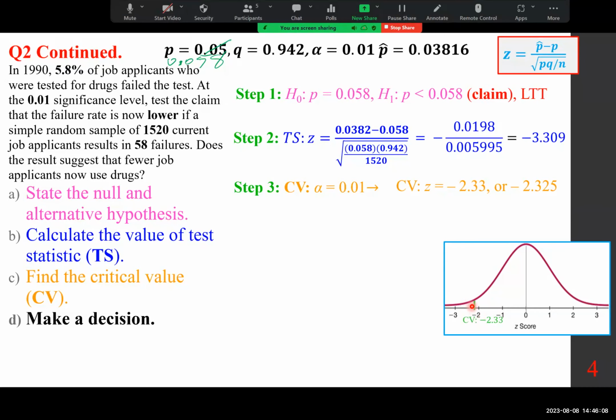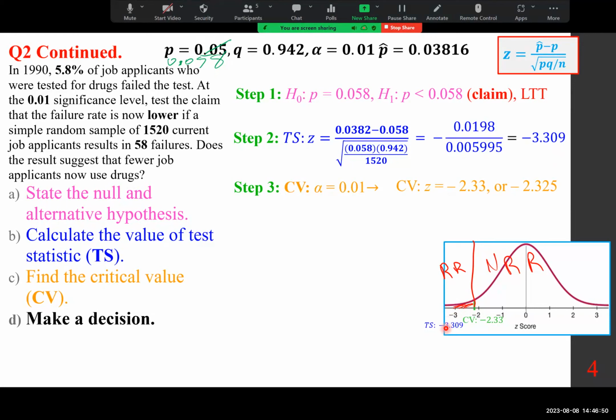So this is the rejection region. Because it's a left-tailed test, if we continue with this line, this is called rejection region. And this is called NRR, non-rejection region. So this number, test statistic, where does it end? Here or here? Negative 3.309 is less than this number, so it ends up somewhere here. And therefore, it's in the rejection region.